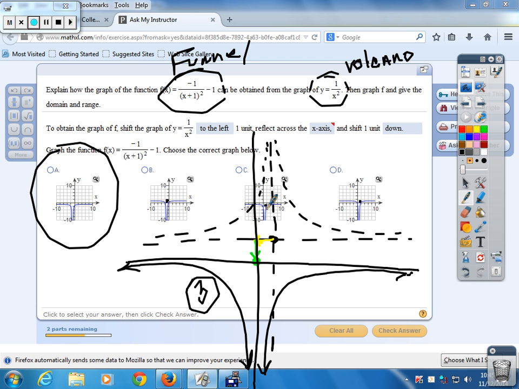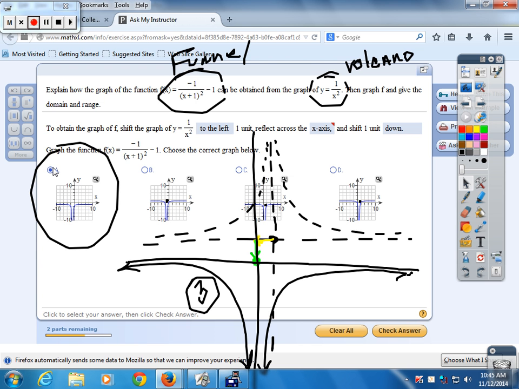Okay. Now the domains. Well, the domain is going to be negative infinity to what? Negative 1. Negative 1 to positive infinity. That's just not right.